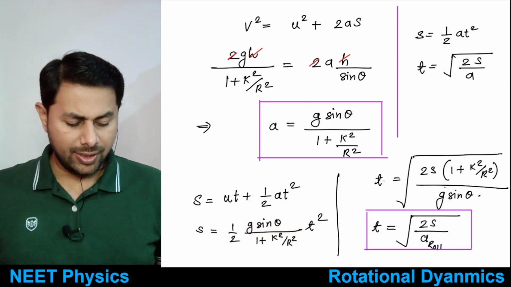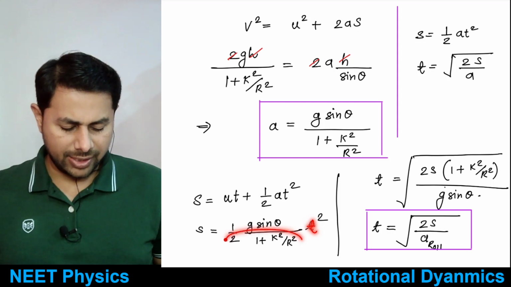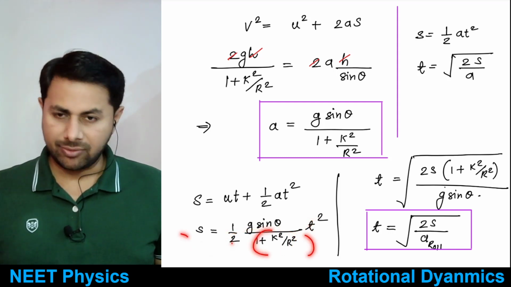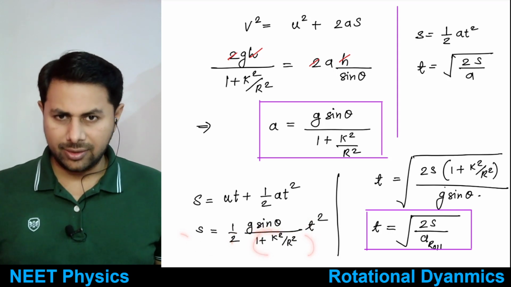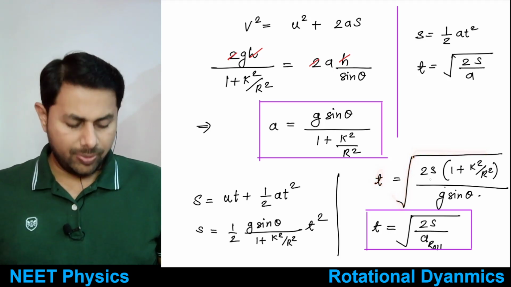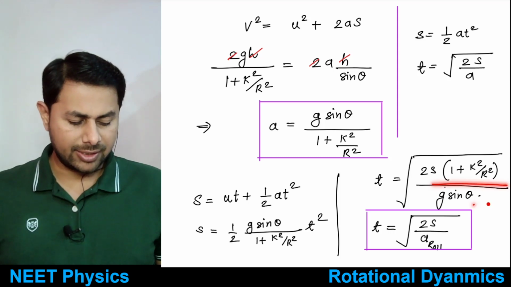So we get t square equals, taking this thing to the other side, 2 times s multiplied by 1 plus k square by r square divided by g sine theta. Therefore t would be equal to square root of 2s multiplied by 1 plus k square by r square divided by g sine theta.